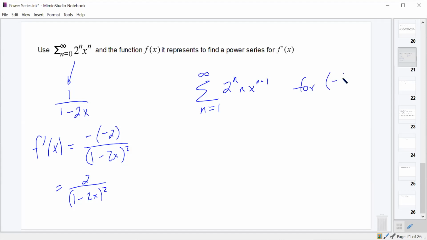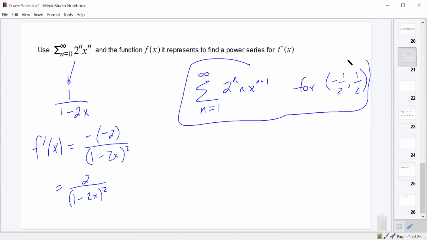Should still be negative 1/2 to 1/2. But one thing we want to be able to do is rewrite this. Well, actually, this is perfectly fine. Never mind, I don't need you to rewrite this. This is good. Everybody good there? I was thinking I'd have you rewrite it in a different way, but we don't need to.